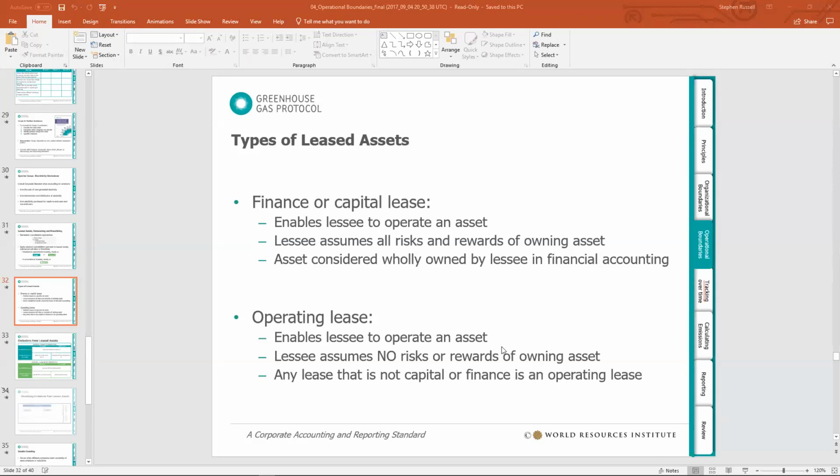So those are the various criteria that go into defining when a lease has been leased under a capital leasing arrangement. And if it's not a capital lease, according to those criteria, then it's an operating lease. So understanding which type of lease is important.